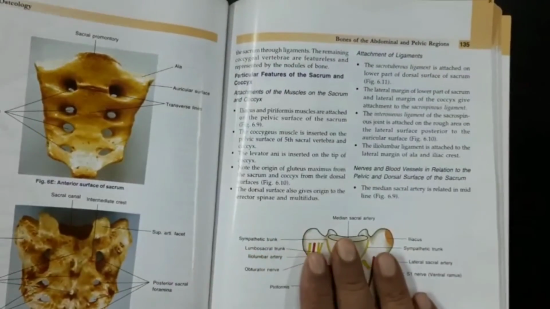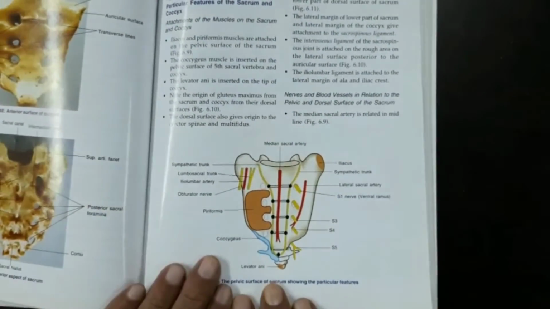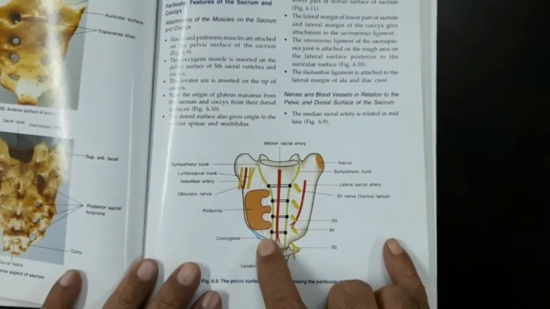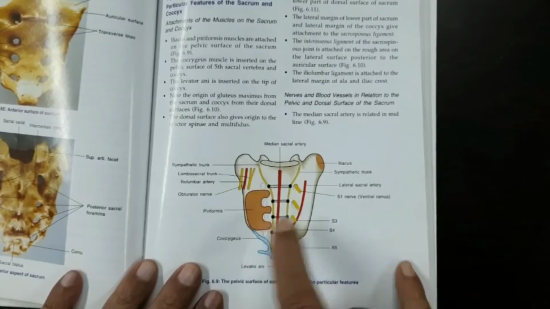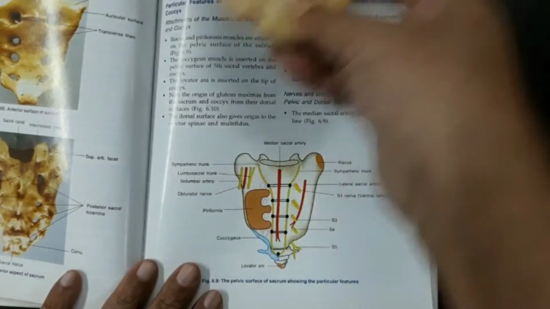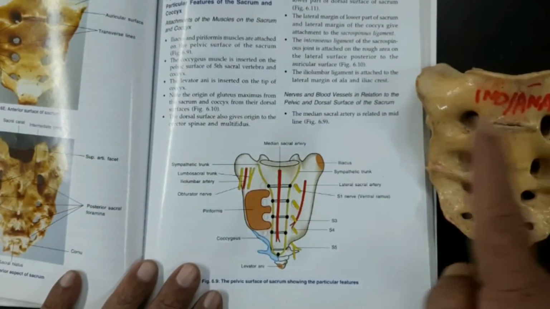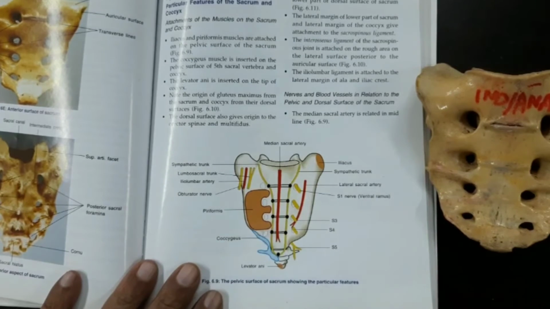Now, what you see here, first, is the piriformis muscle on the right side, on the pelvic surface of the sacrum. The pelvic surface gives origin to the piriformis muscle.